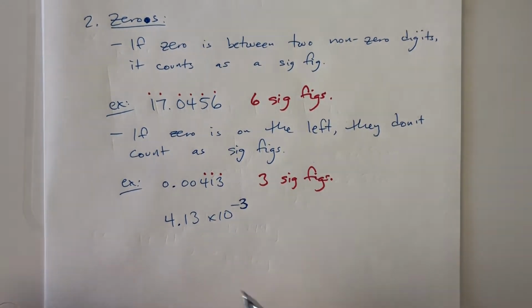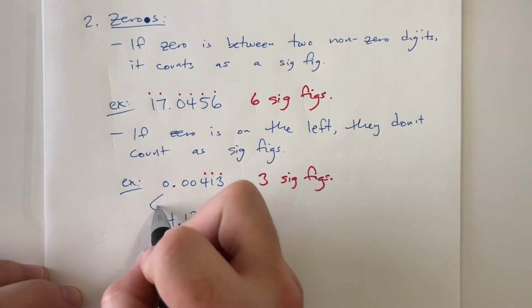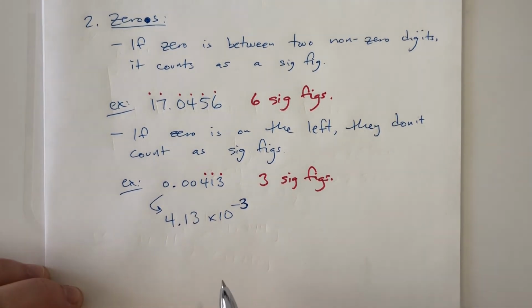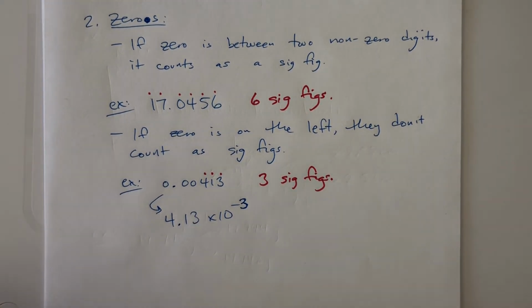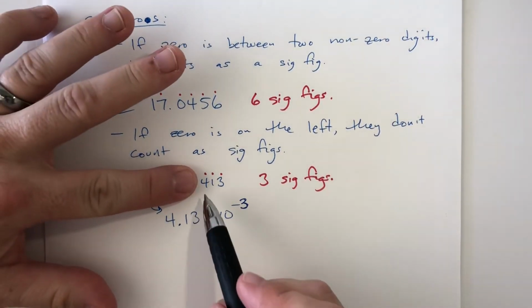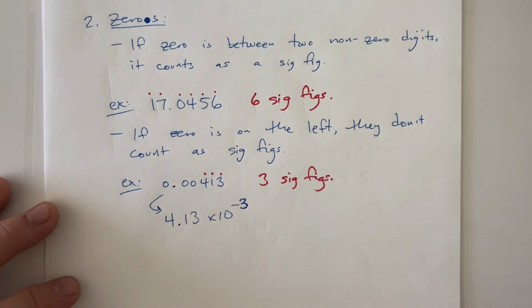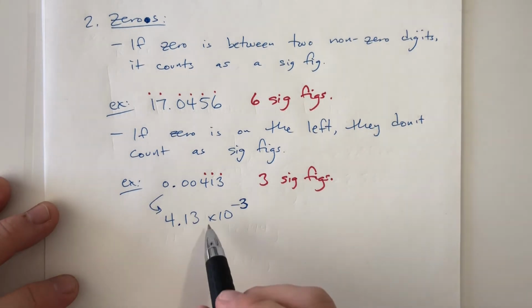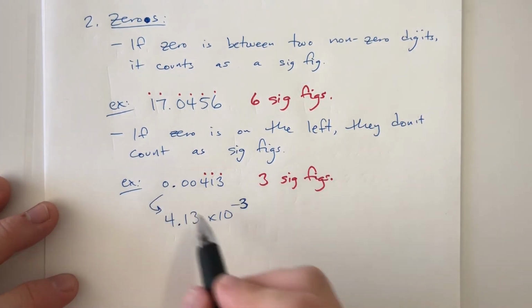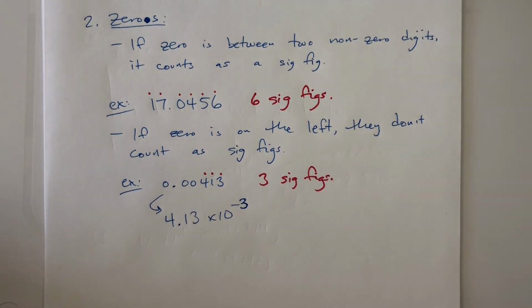You can put this exact same number in scientific notation and the zeros disappear. That doesn't mean they're not important. You're not going to get the same answer if you put 4.13 in your calculator as if you put 0.00413. But it just means they're holding the decimal place. They're not important otherwise. Okay?